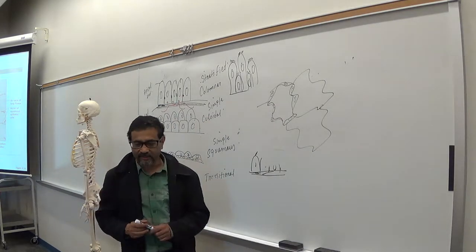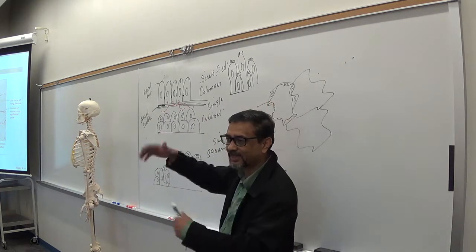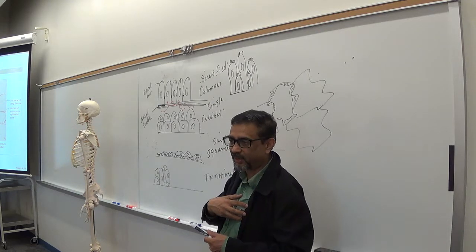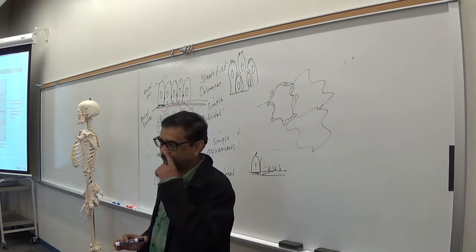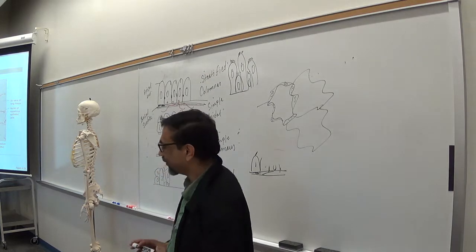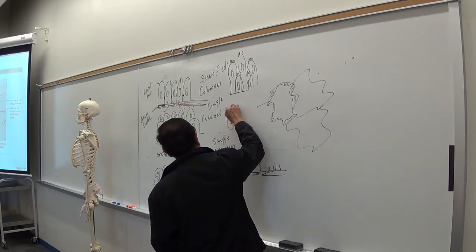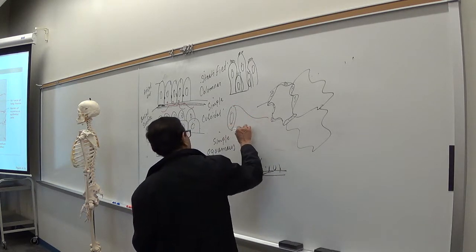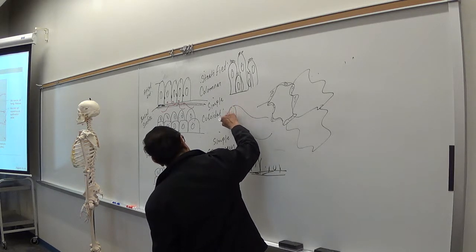Now the locations. I have mentioned one, alveoli or air sacs. The wall is simple squamous. Number 2, inner lining of the tube-like structures, that means inner lining of the blood vessels.